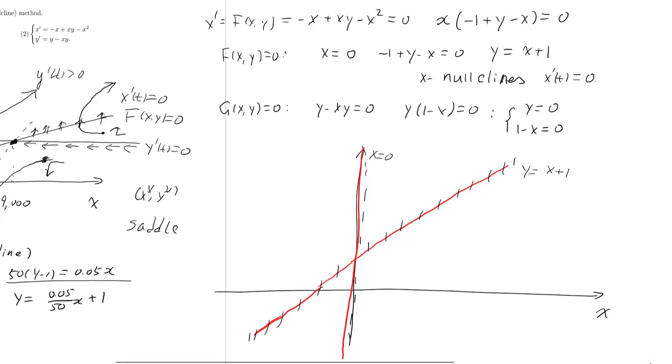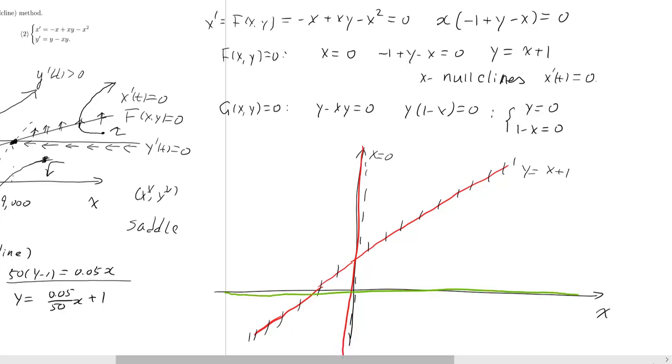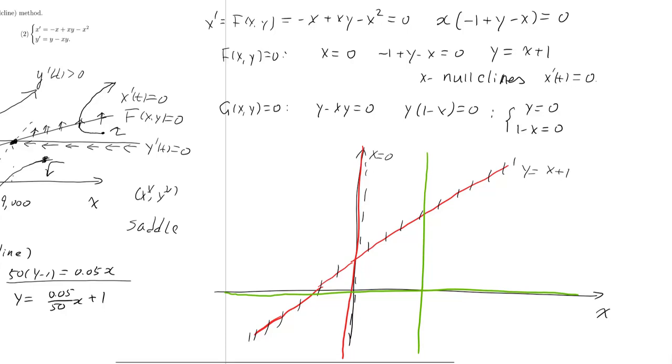We also have two. y is equal to 0, that's the x-axis. We're going to use green. And then we have another one, x is equal to 1. So we have two, and along these two lines, we have horizontal line segments because y prime is 0.